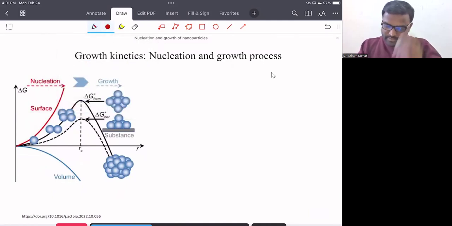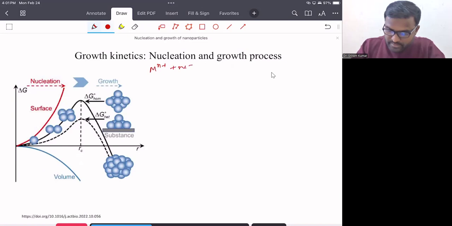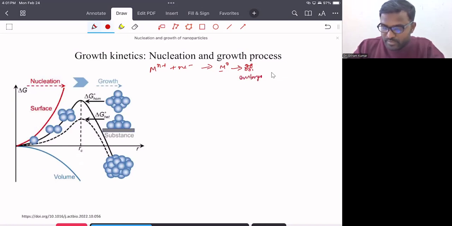If we have a reduction process, we get the atom, and from that atom we get embryos, and from embryos we get the nucleus, or nuclei, right?